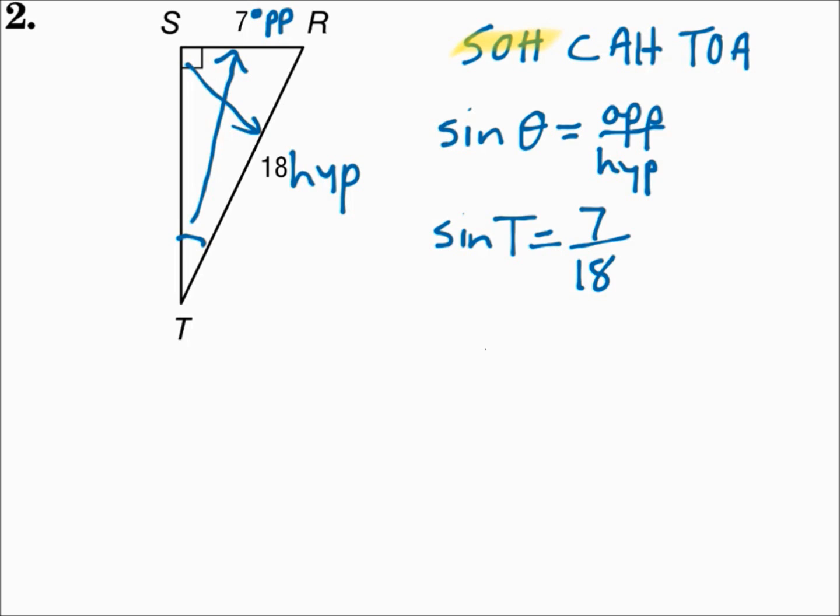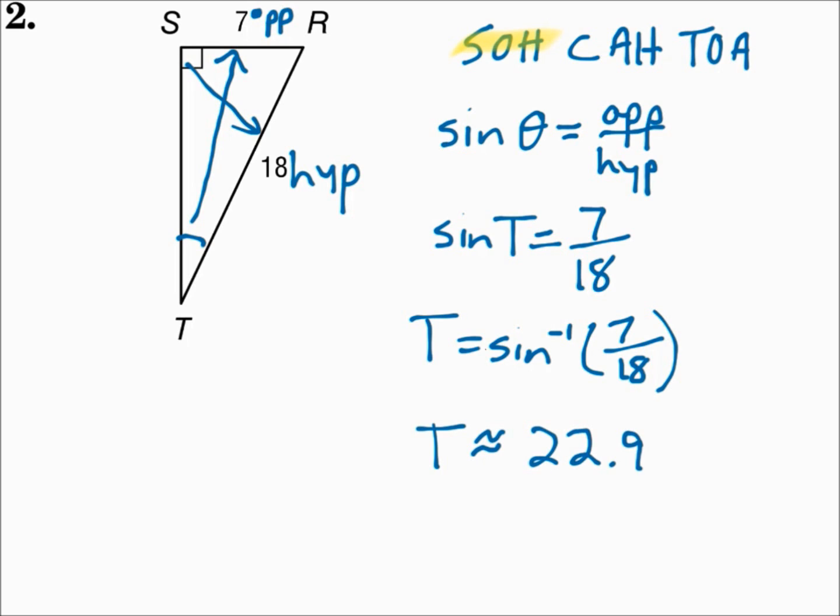To solve for t, do the opposite of sine, which is the arc sine. The arc sine of 7/18. And when you punch that in your calculator, you get approximately 22.9 degrees. Make sure you're in degrees and not radians in your calculator, and punch everything in carefully.